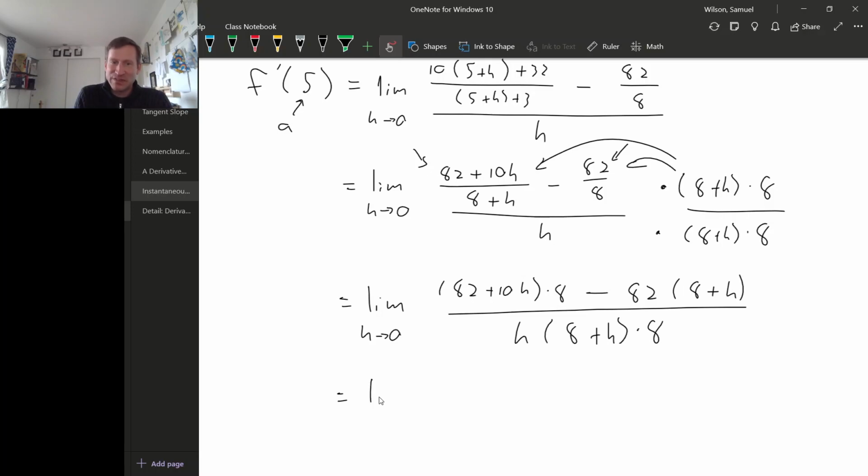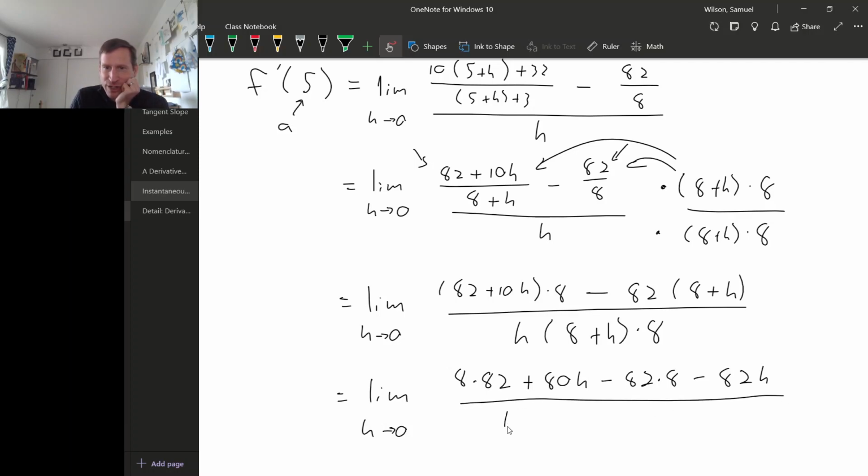Okay, so limit as h goes to 0 of, let's see, I guess we're going to have to multiply all this out. So 8 times 82, I think I can get away with not working that out, plus 80h minus 82 times 8 minus 82 times h, all over h times 8 plus h times 8.